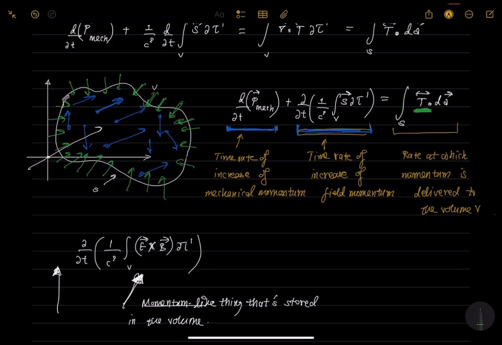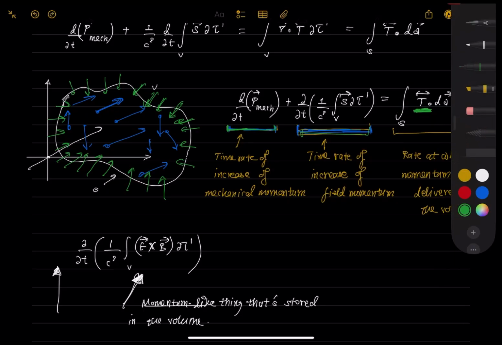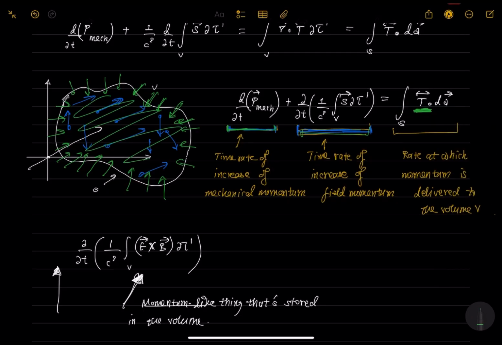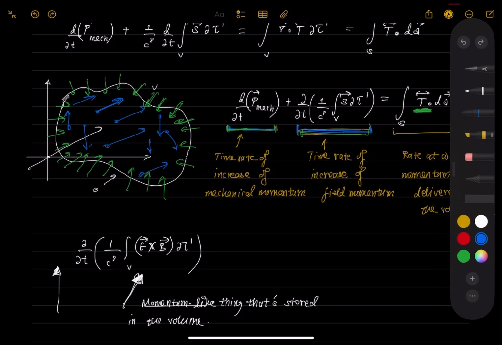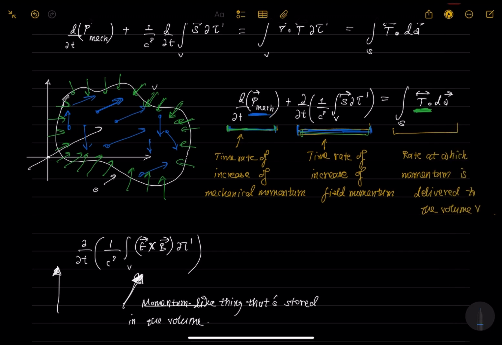Once you've integrated over that surface, that gives the time rate of change of two things. Something that's coming inside the surface is contributing to two things inside the volume bound by the surface. First, the time rate of change of the mechanical momentum of the charges and currents, and second, the time rate of a momentum-like quantity that seems to be stored in the fields.